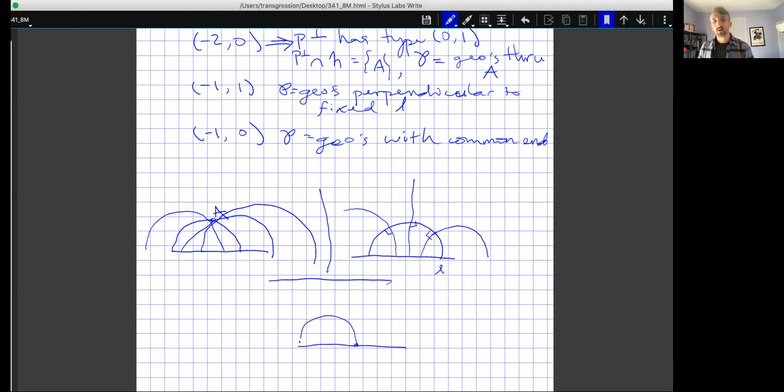So then there's my end, and I just have this whole family of geodesics like so. Okay, so those are our three types of pencils, and they're all determined by the Sylvester type of the plane, the fixed plane.